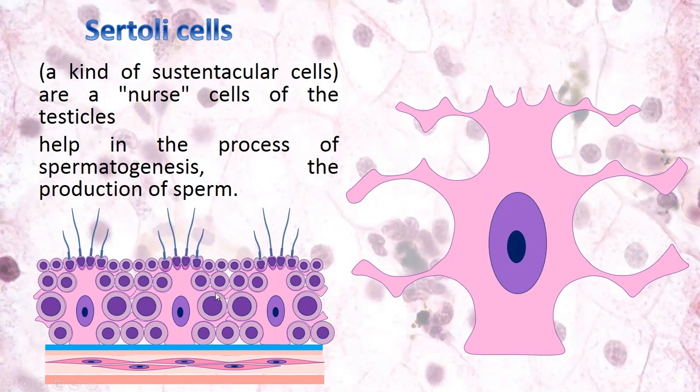They need a special intermediate substance, androgen binding protein, and only the complex of androgen binding protein and testosterone can influence spermatogenic cells, so they are sensitive to it. So in simple words, Sertoli cells produce a special substance which makes spermatogenic cells sensitive to testosterone.